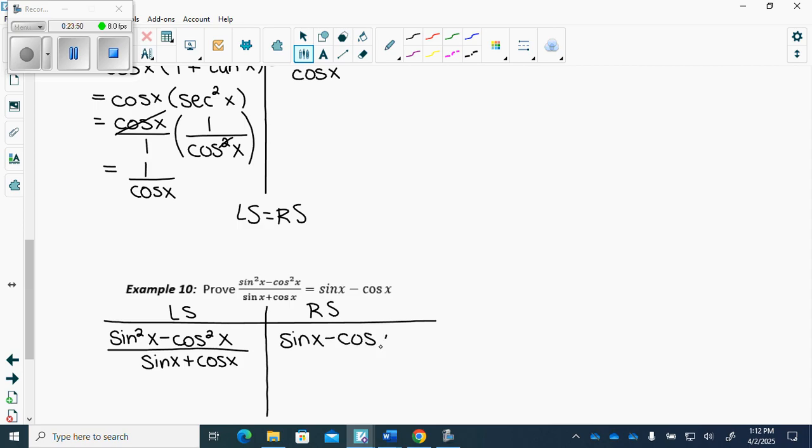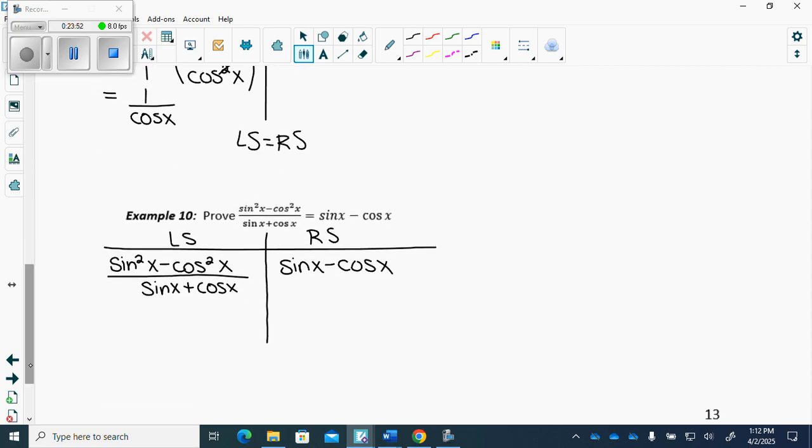What is the top of the left-hand side of this? It's a difference of squares, correct? So what do I get on the top in the numerator? Square root of sine squared x is sine x. That goes to the front of each bracket. Plus or minus sine.